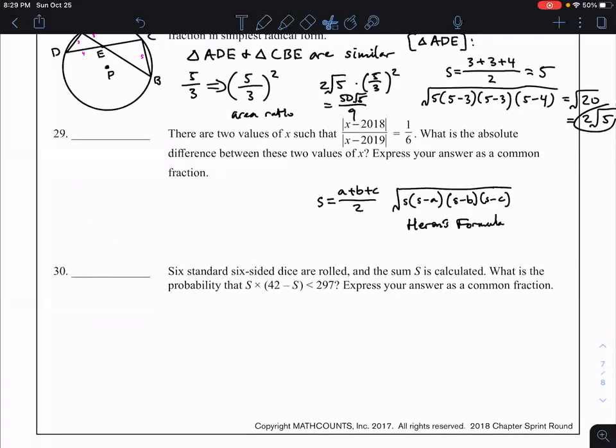Okay, 29. There are two values of x such that, yeah, okay. What's the absolute difference? So first, we're gonna rearrange this fraction.